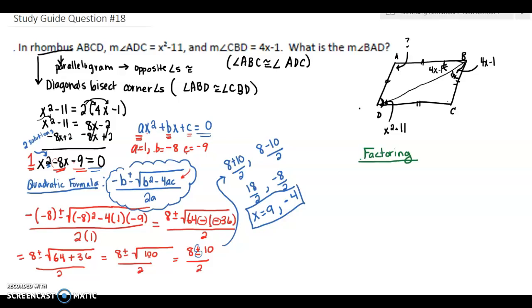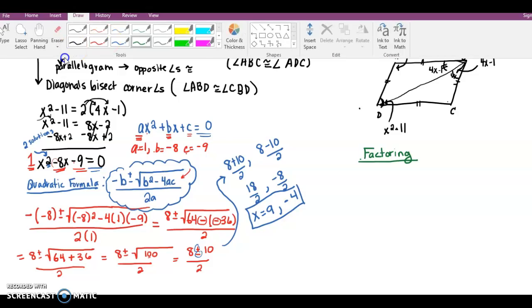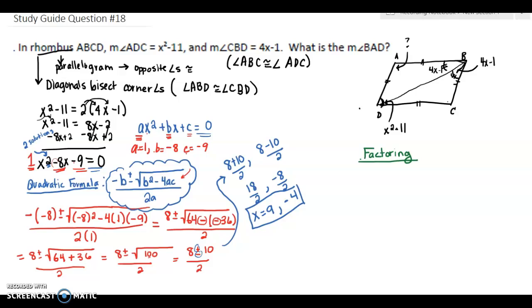All right, so when we factor, we want two numbers that multiply to a times c, and the same two numbers that add to b.